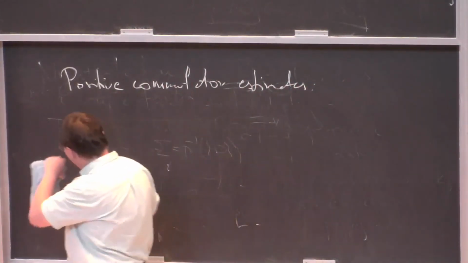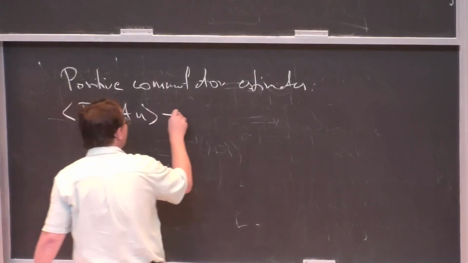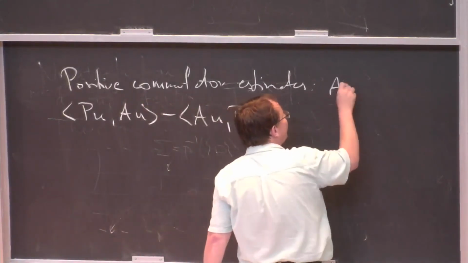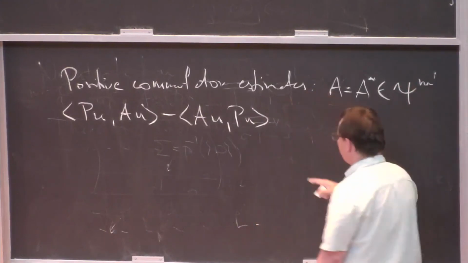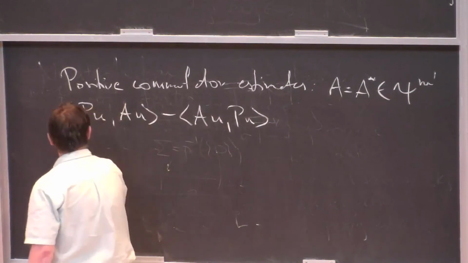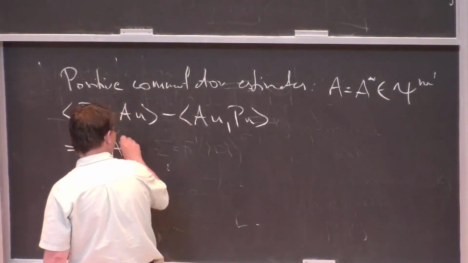So let's compute something like the inner product of PU with AU minus AU with PU. P is my operator, and I'm going to take an A equals A star that's a pseudodifferential operator of some order. And this is the L2 inner product. So I can rewrite this, shifting the A's over. A is A star, so it's just an A if I shift it over. So I get AP.